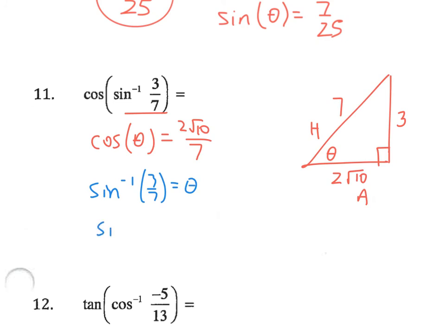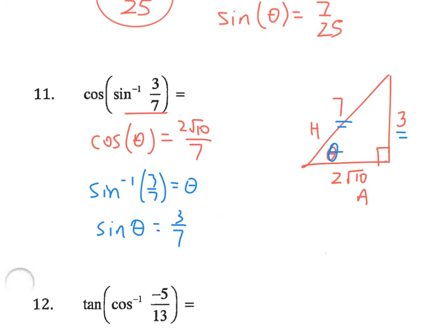Sine of theta is equal to 3/7. So you are correct that sine of your angle measure, theta in our case, is your opposite over hypotenuse. Okay?